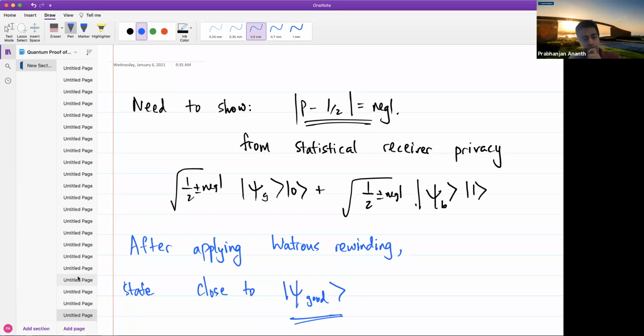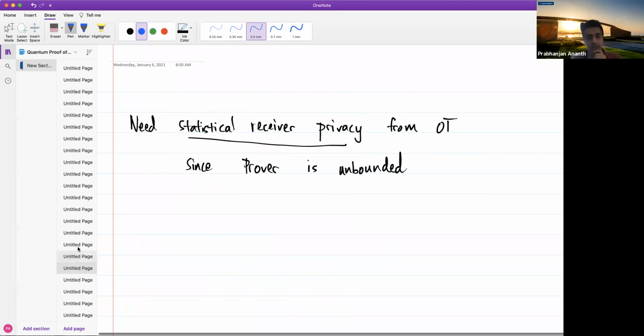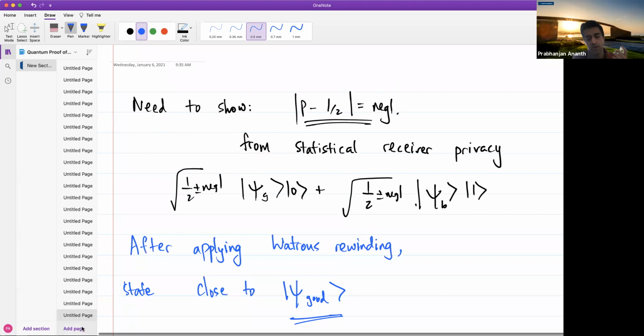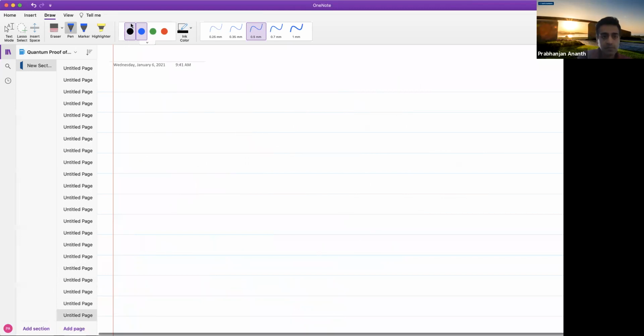But there is also one more property we want to show, which is that the prover should not be able to figure out whether it is talking to the verifier or the extractor, right? So in order to show this, it boils down to the following property.